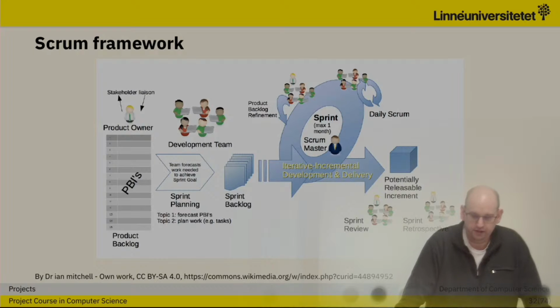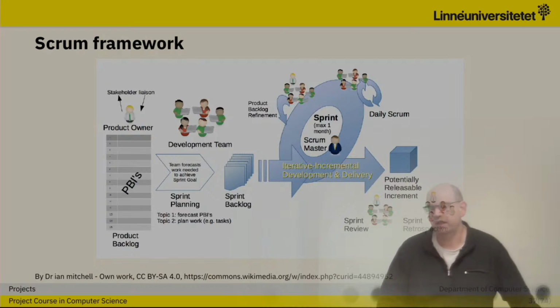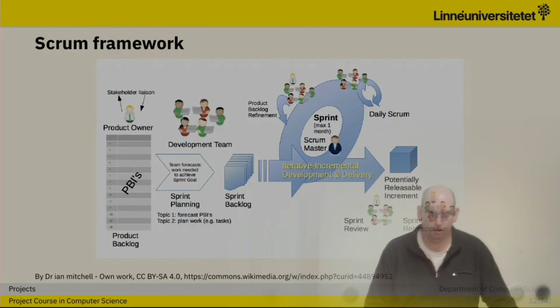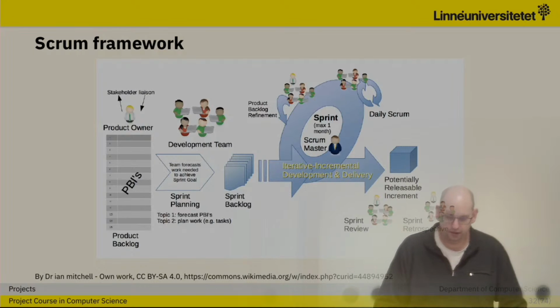Each day we have daily scrums, and each sprint we have a look at what we might refine in the product backlog. But we do all the usual understanding the requirements, to designing, implementing, and so on during the sprint.